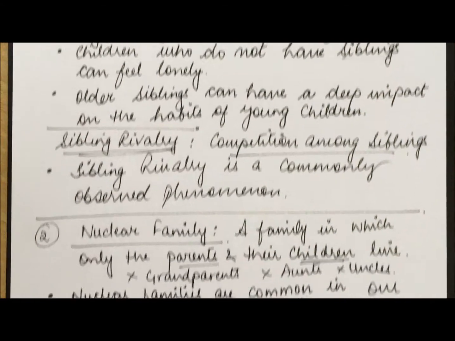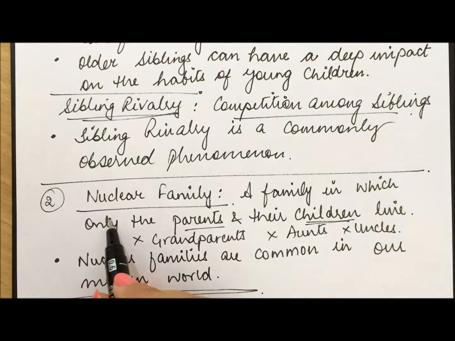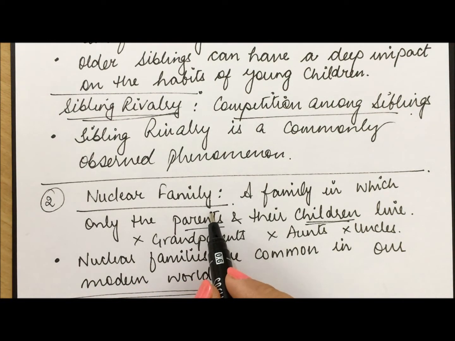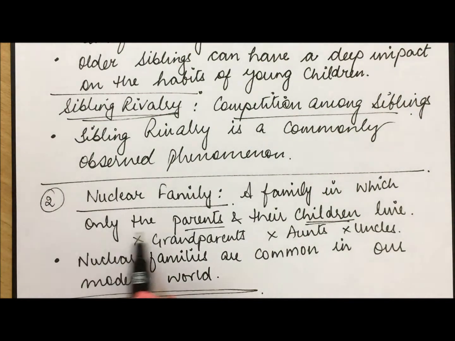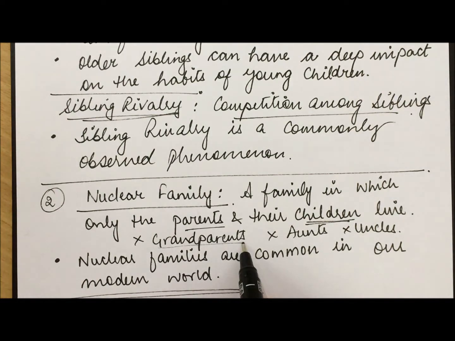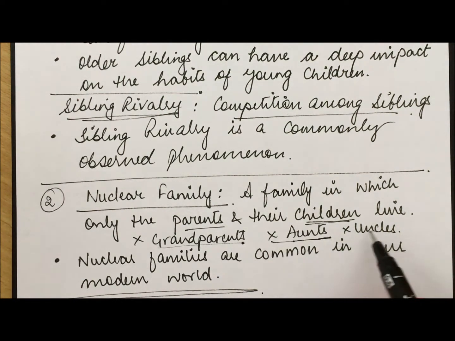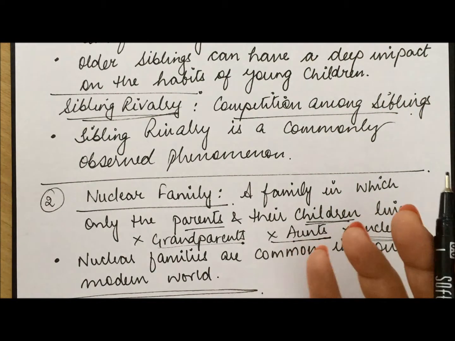Alright? Moving on to the next word, we have the word nuclear family. So what is a nuclear family? A nuclear family is a family in which only the parents and their children live. So there will be no grandparents, mostly. There will definitely be no aunts and definitely be no uncles. It is basically two young people with their children.